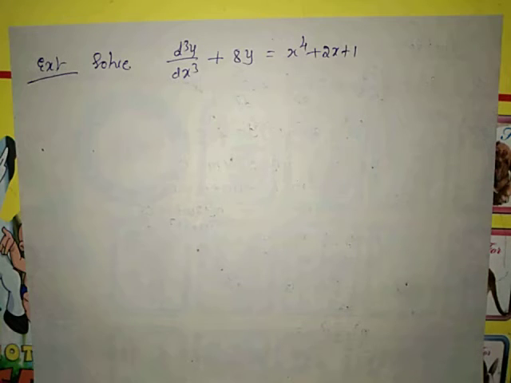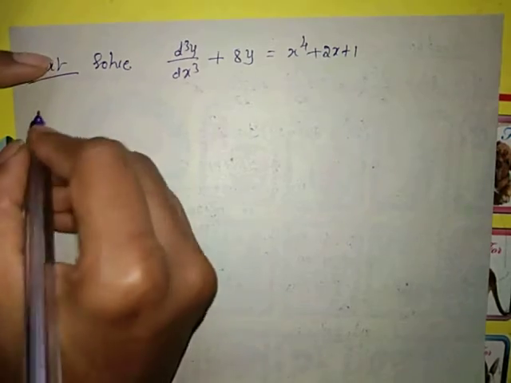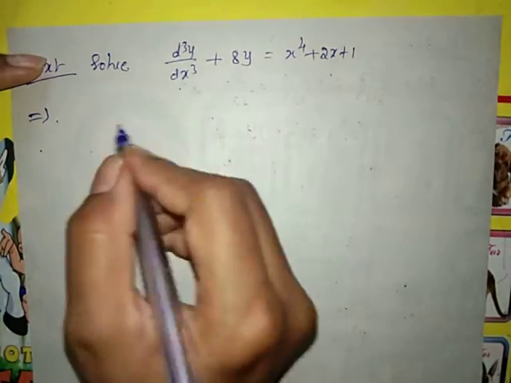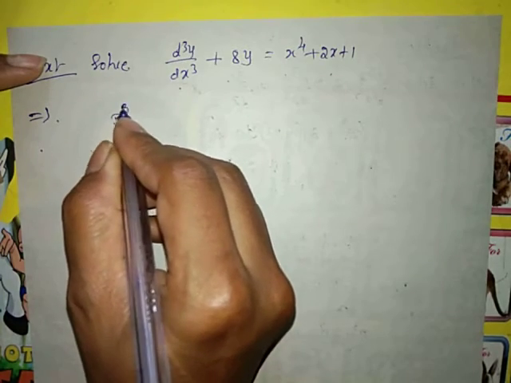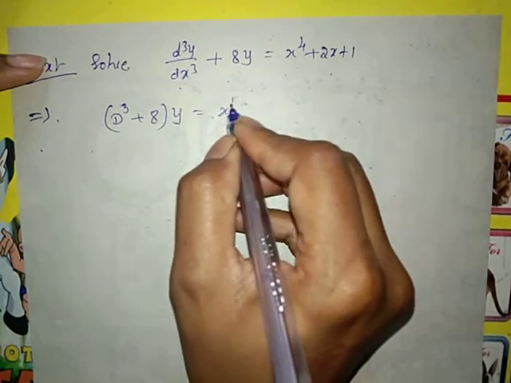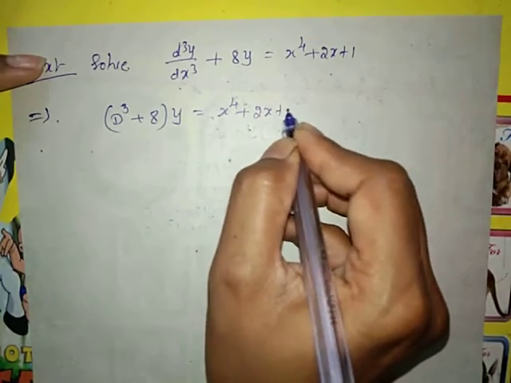After writing the complementary function, our procedure is to go for the particular integral. Here the particular integral will be of the third kind, because the RHS is a polynomial. So we see every step now. First write f of D of y equal to function of x: D cube plus 8 of y equal to x raised to 4 plus 2x plus 1.